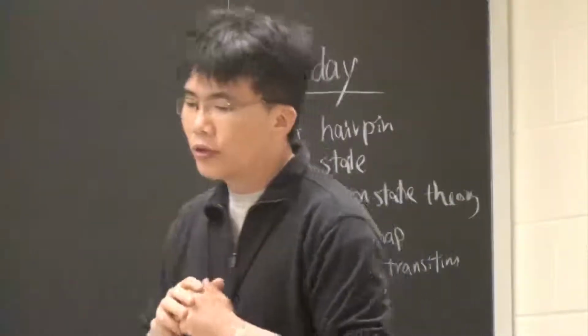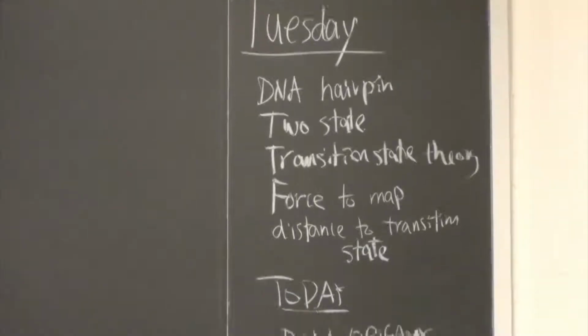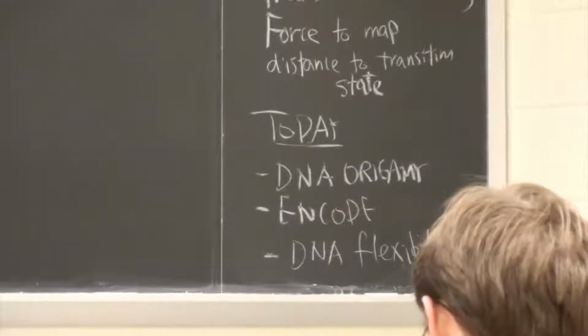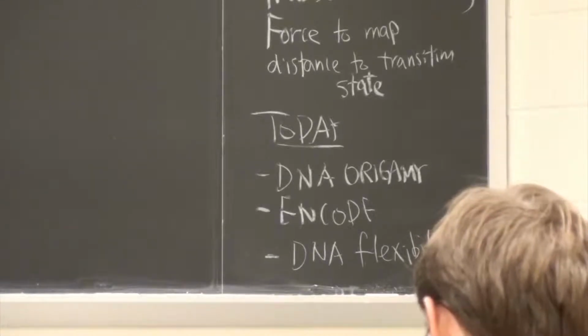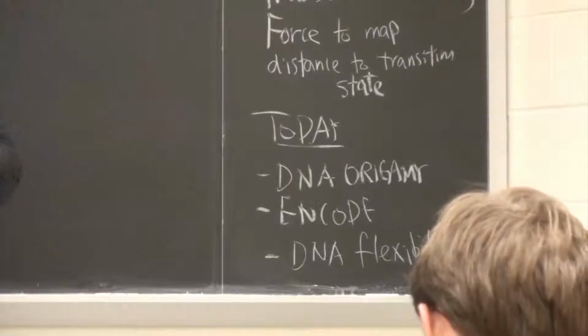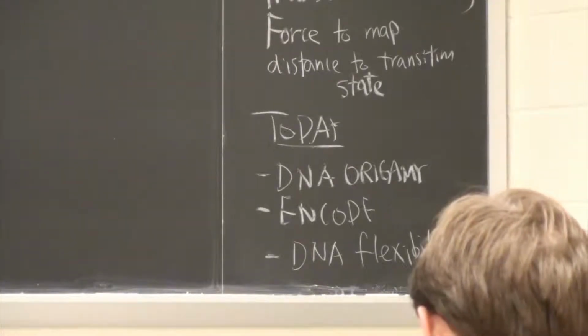And one way to learn more about the nature of the transition state was to use a force that you can apply to the molecule to bias the reaction. And by measuring how much the bias the force can give you, you can determine the distance to the transition state, and that can limit the possible models arising.